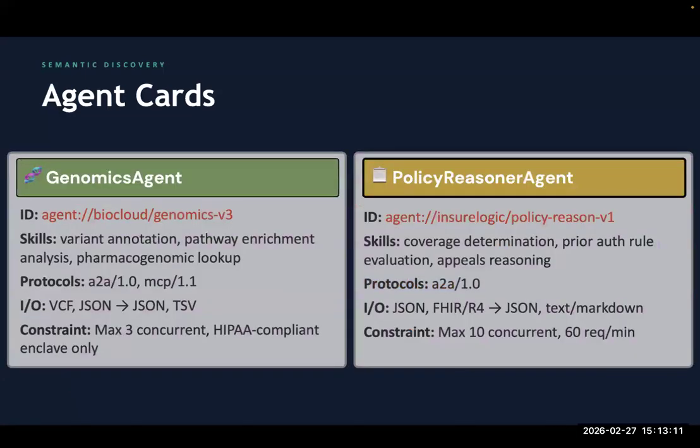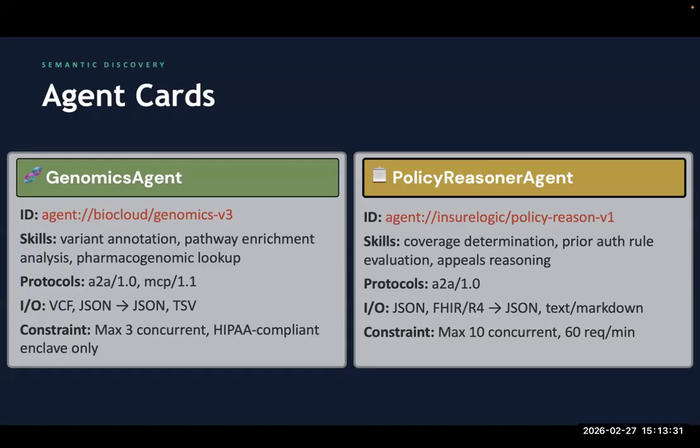And as an example, here are two very contrived examples that we might see in the health space. The IDs at the top there contain the new agent:// protocol. It's a URI-based framework for interoperable agents. It was proposed in an IETF draft in October 2025, so it's pretty new.